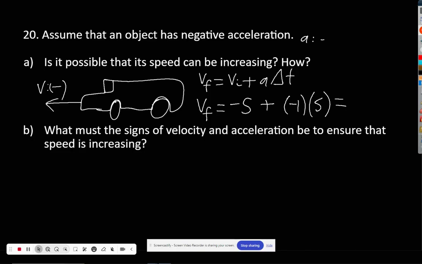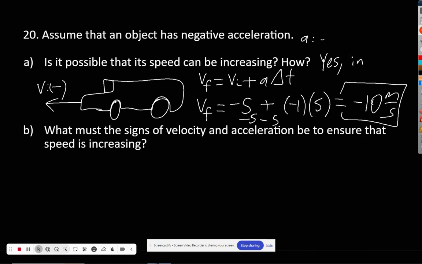Negative 5 plus negative 1 times 5 would be really just negative 5 minus 5, so negative 10. We got faster in the negative direction. So yes, in the negative direction. That would answer the question for us.